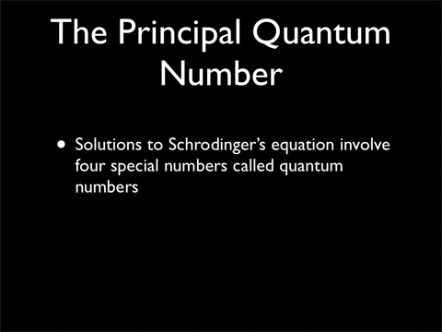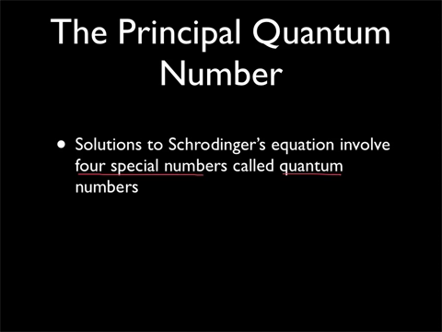And when you come up with that and figure out where these electrons are, if you solve Schrodinger's equations, you come up with 4 special numbers, which we call quantum numbers. We're not going to sit and solve those equations. In this particular chapter, we don't have any equations that we're really going to use. What you just need to know is some information about this stuff.